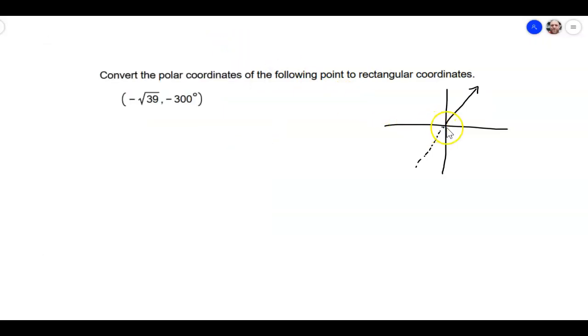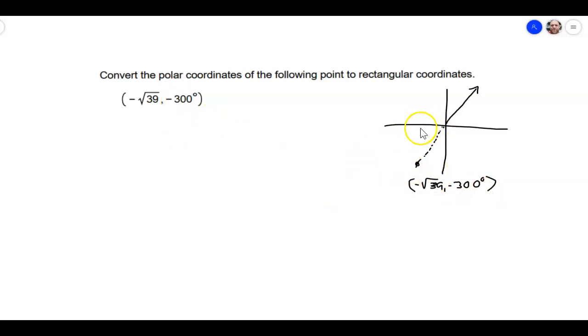So it goes a distance of about 6.2, and then it stops in that direction. So here's our point right there. So that's going to be negative root 39 and negative 300 degrees here, and we want to convert that to rectangular coordinates.